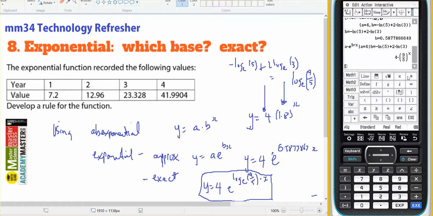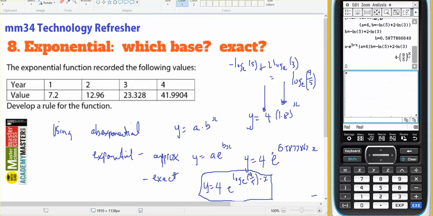I can go to decimal, and I can graph, and I can go like that. And my other rule was 4 times bracket 1.8 bracket to the power of x, and if I take that and drag and drop, I get identically the same curve.